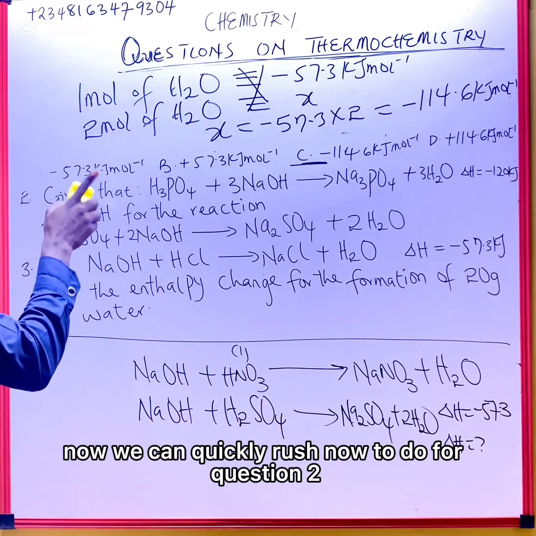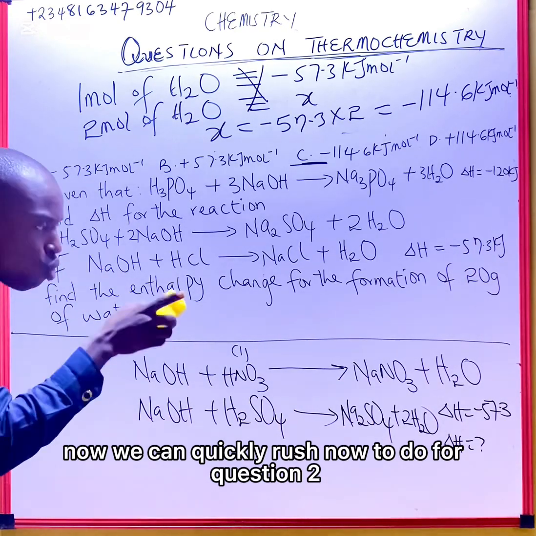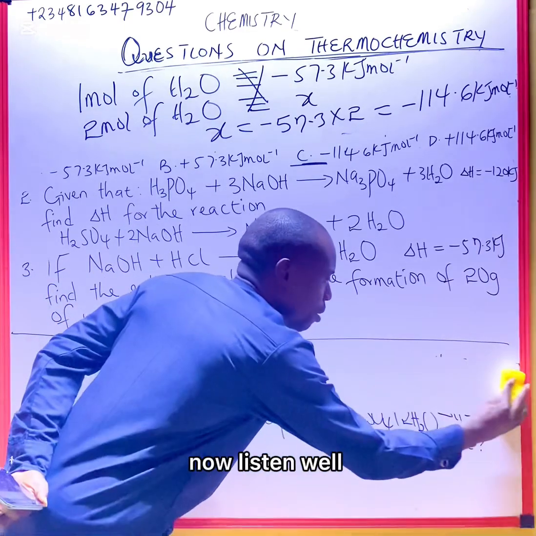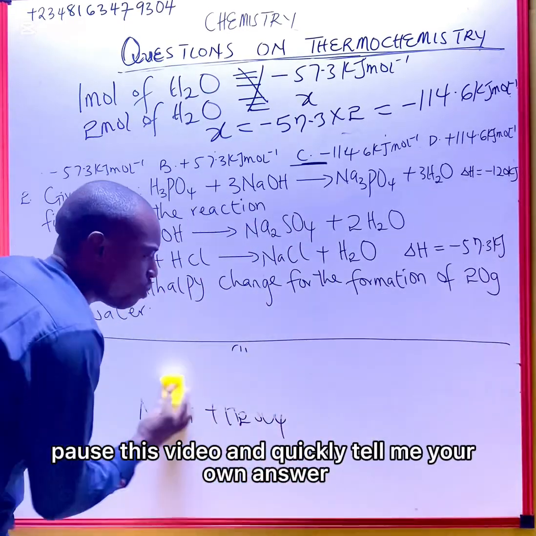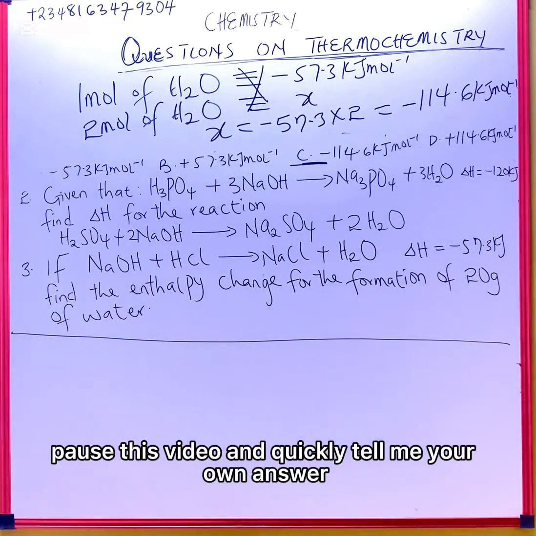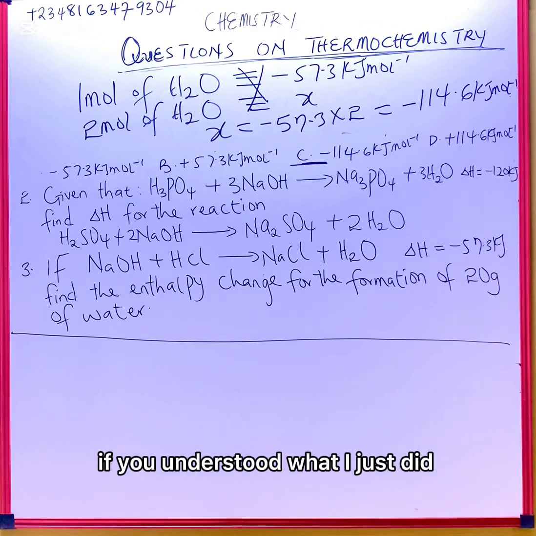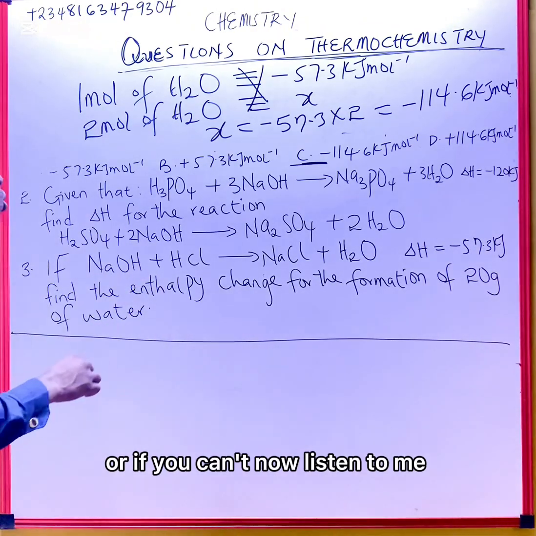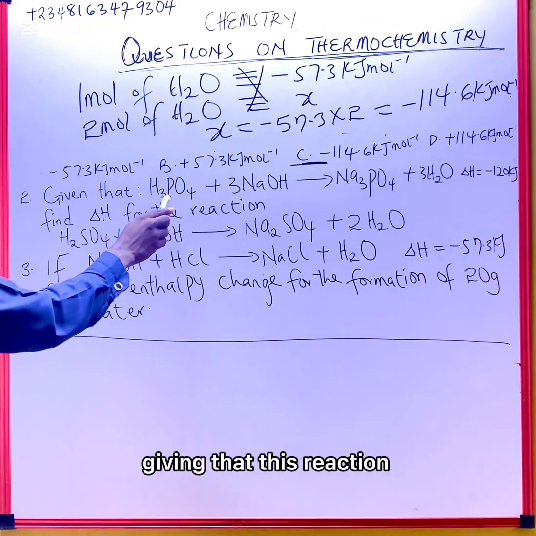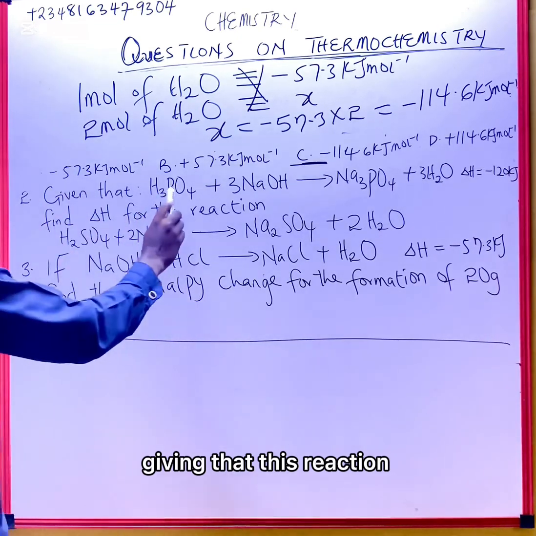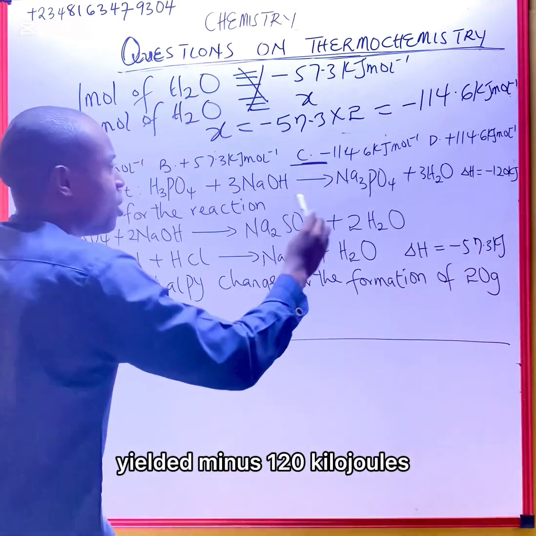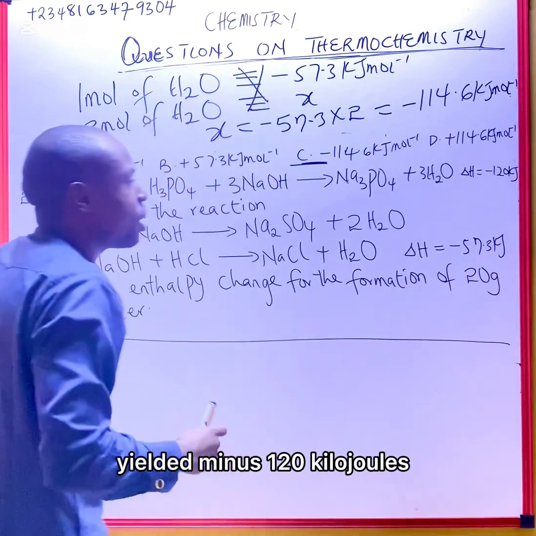Now we can quickly rush to question 2. But you can, of course, pause this video and quickly tell me your own answer if you understood what I just did. But if you can't, now listen to me. You were given that this reaction here yielded negative 120 kilojoule.